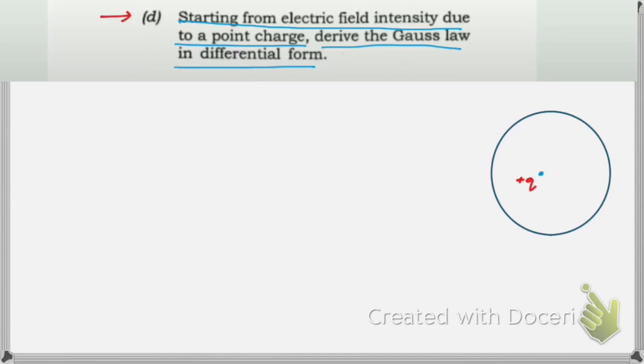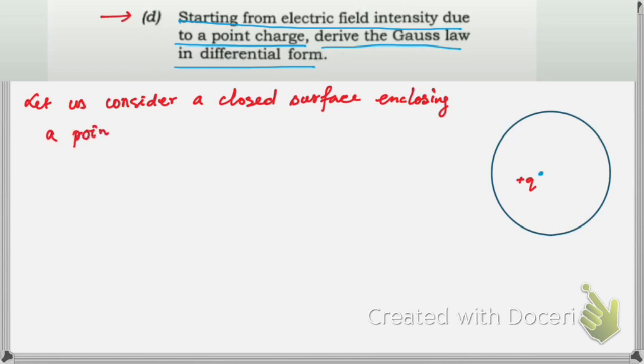Let us consider a closed surface enclosing a point source q positive inside it at O. So this is at O, suppose, right?